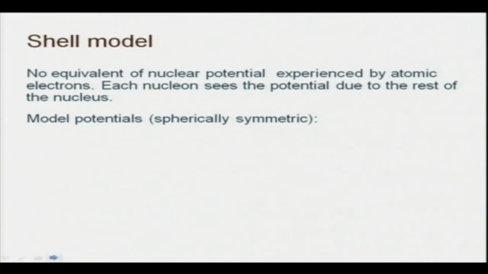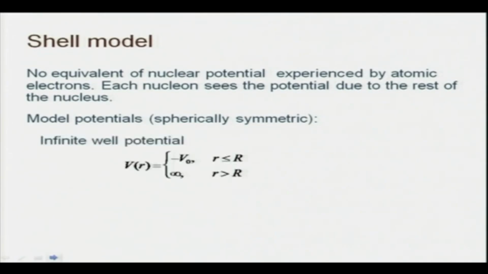The potential is taken to be spherically symmetric in the case of the shell model. So, one immediate thought is to consider an attractive potential which has a short range. The size of the range of this potential is almost the same as the size of the nucleus. So, similar to the deuteron case again, you can consider a constant attractive potential, minus V0, up to the radial distance r equal to capital R, which is the size of the nucleus.